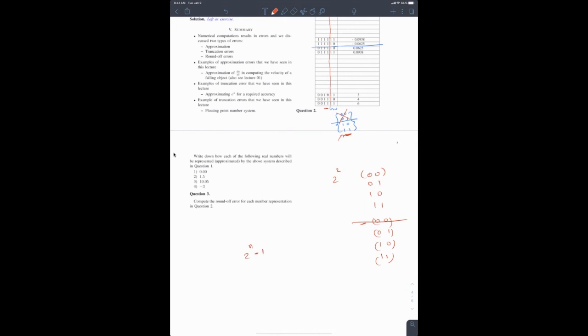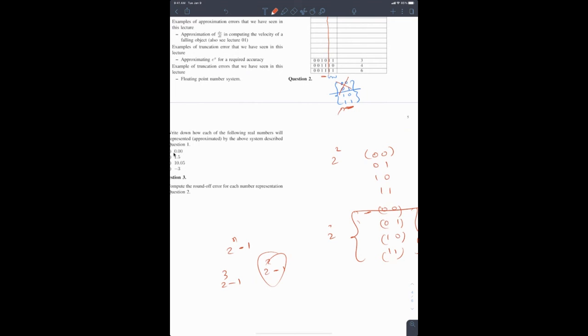So how many exponents can you have? 2 to the power n minus 1. If it is 3, then that will be 2 to the 3 minus 1. Here it is 2, so that will be 2 to the power 2 times 2 to the power n minus 1.